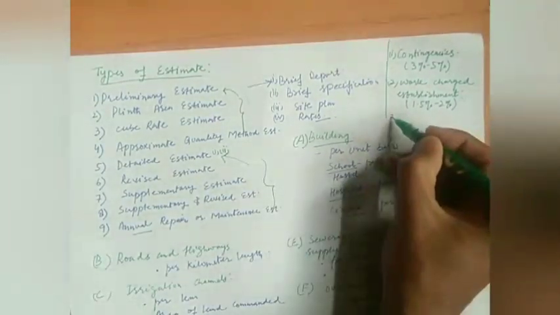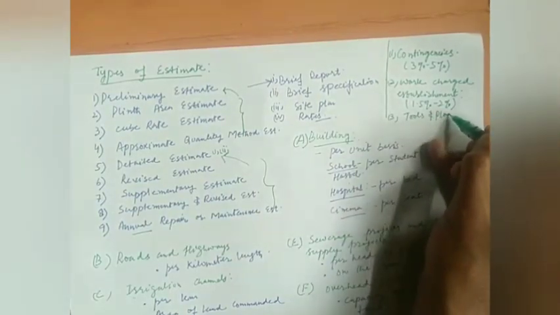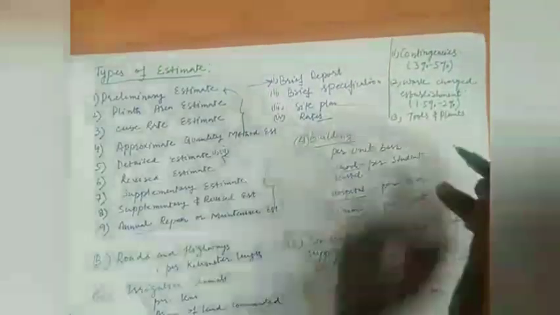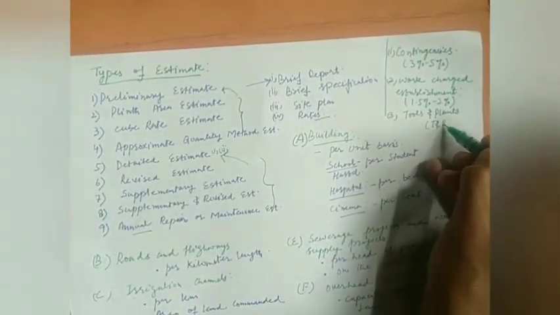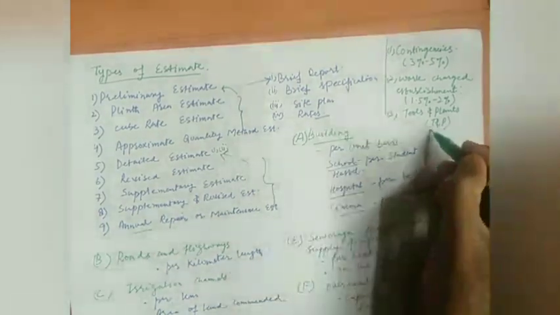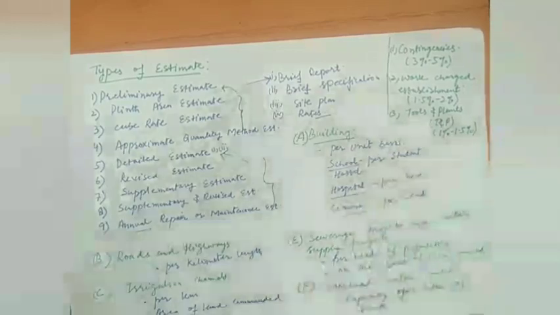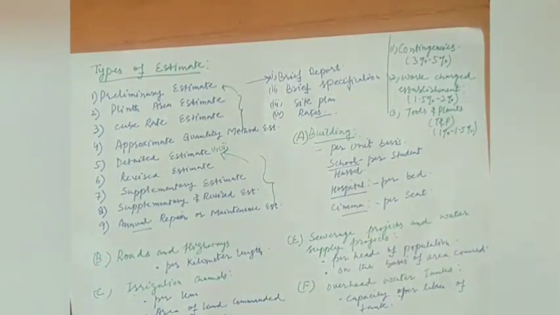Then the other thing is tools and plants, in short T and P. When our project is big, a percentage of 1 to 1.5% of the estimated cost is provided for the purchase of tools and plants, which will be required for the execution of the project.